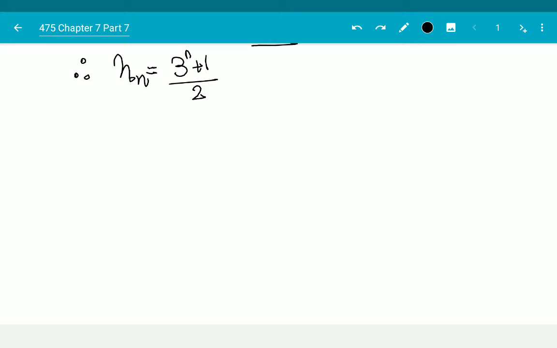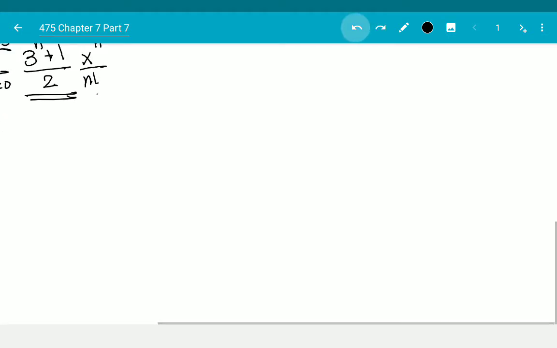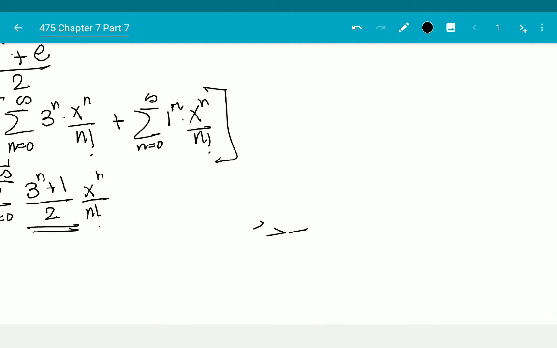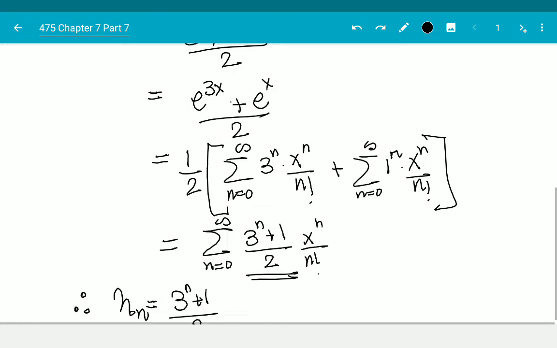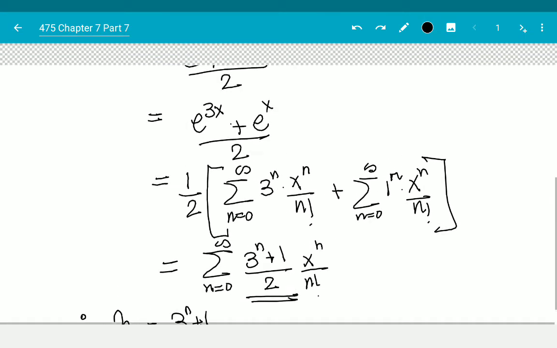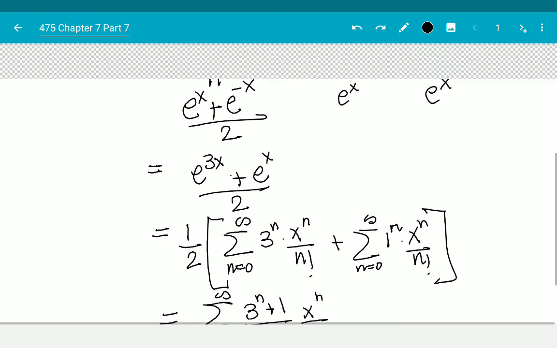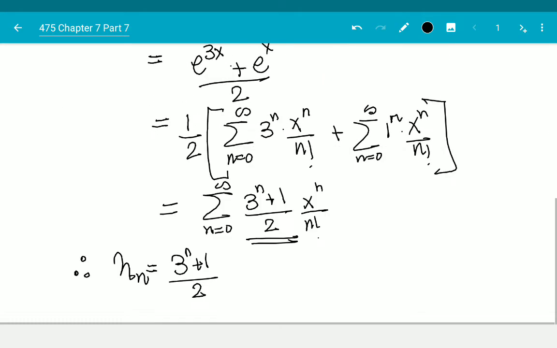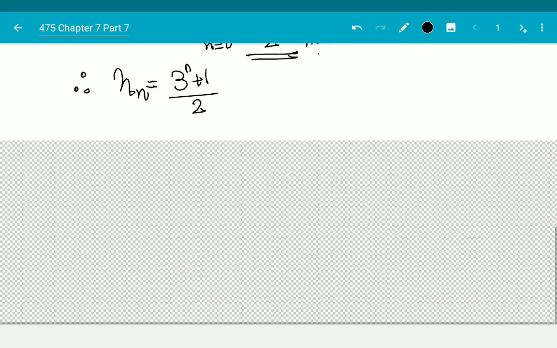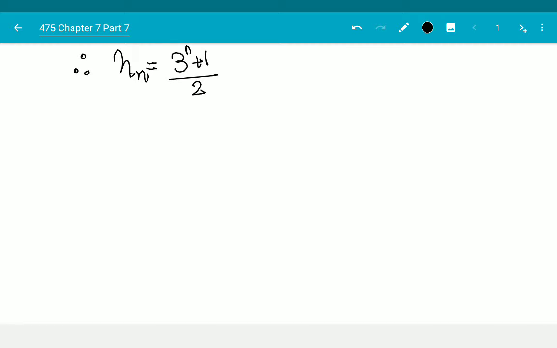I know my exponential generating function in this case, and I can use that to solve my question, right? Okay, let us look at one more example of this kind. Example.